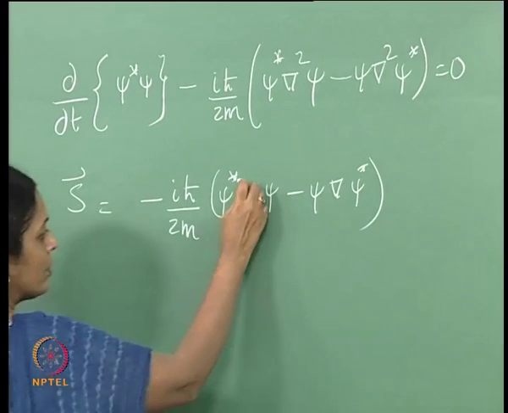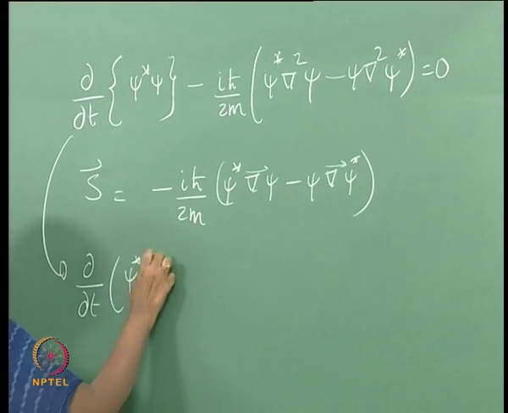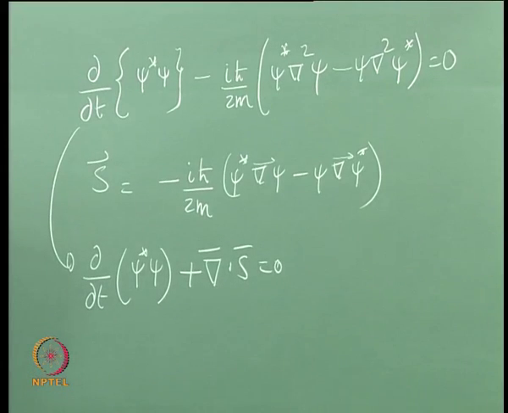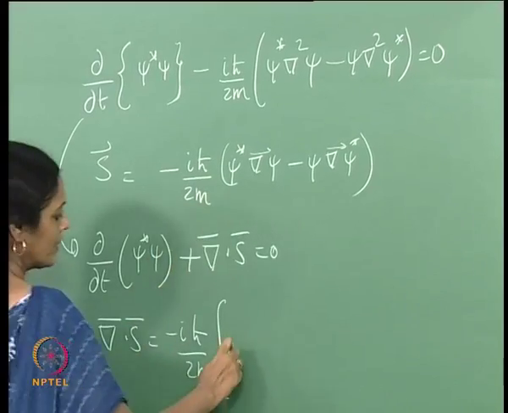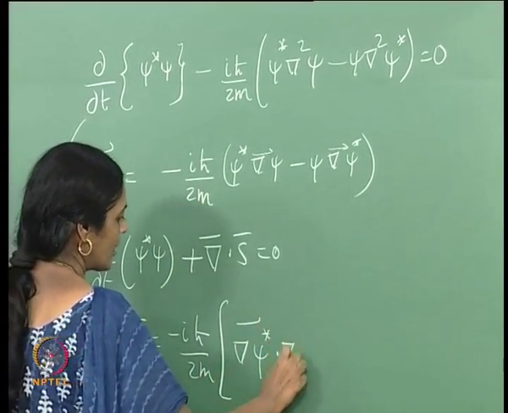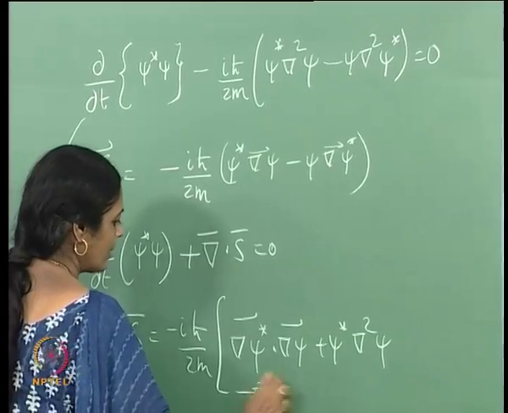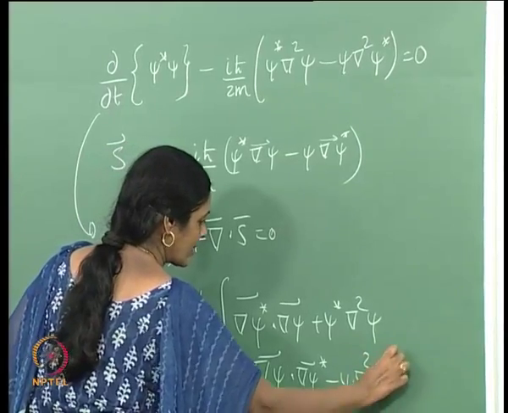It is a vector under rotations in 3 dimensions, because the gradient operator has a vector sign on top of it, and then this equation simply becomes ∂/∂t ψ*ψ plus ∇·S equals 0, because ∇·S is minus iħ/2m times, if you expand this, ∇ψ*·∇ψ plus ψ*∇²ψ minus ∇ψ·∇ψ* minus ψ∇²ψ*.